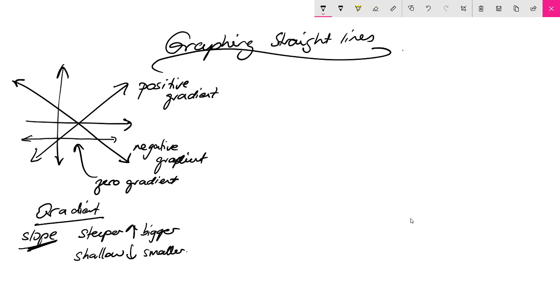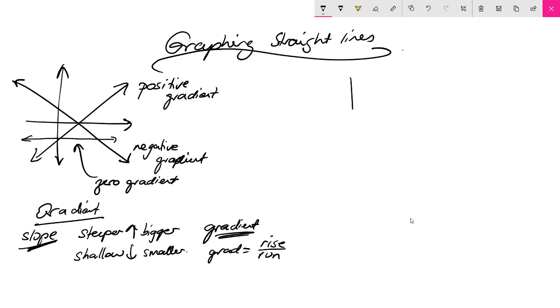Remember that we can find the gradient by thinking in a couple of different ways. Gradient can be found by going rise over run. So that's how much we go upwards or downwards as we go across.